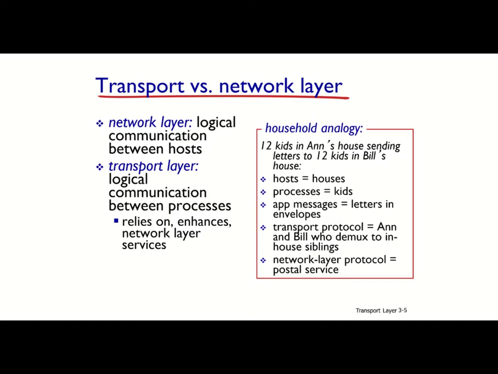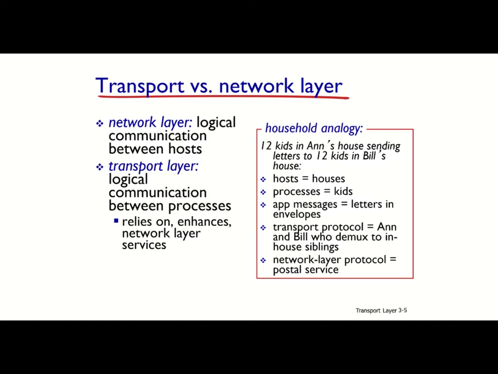So, in the transport layer, we need to rely on the services that the network layer provides. Why? Because in the transport layer, we are dealing with processes, and these processes are running on different hosts. So we have to rely on the network layer to provide the communication between hosts.